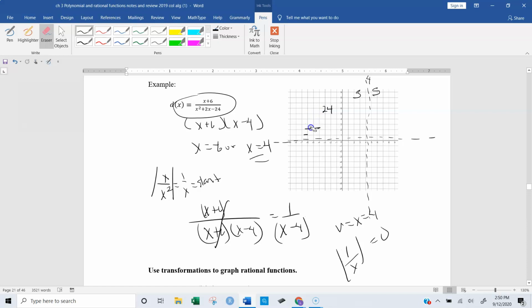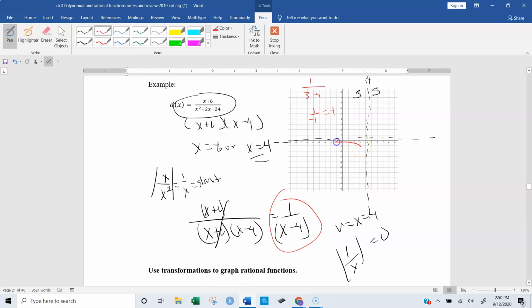Since I'm graphing the reduced equation, we can actually plug these into the reduced equation. So we're going to use 1 over x minus 4 to make my life easier. So this is 1 over 3 minus 4, which is 1 over -1, which equals -1. So we go to 3, -1, and there is our dot. It's underneath. So now we graph this by approaching the asymptotes.